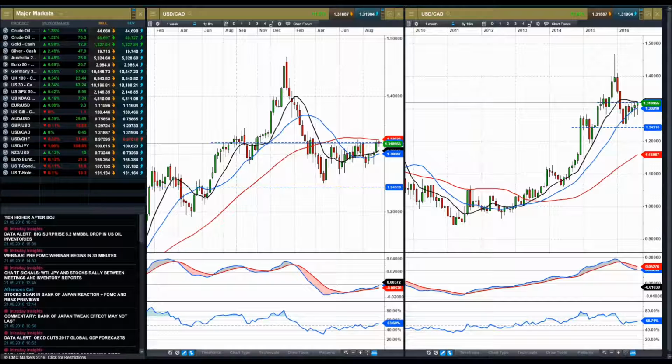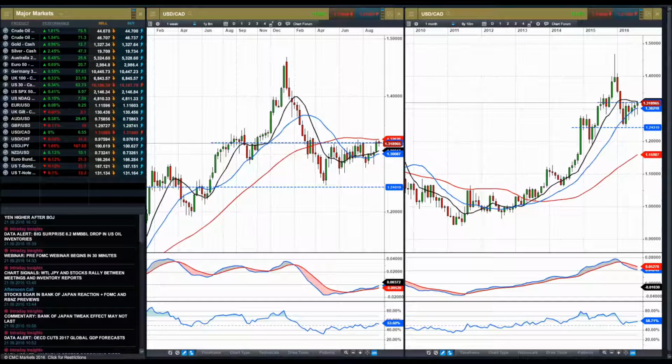Now the first market I want to take a look at today is dollar CAD. We've recently had the Governor of the Bank of Canada discussing the Canadian economy and mentioning that some kind of monetary stimulus would be required in order to push the Canadian economy along.